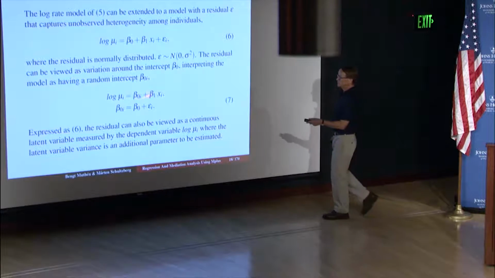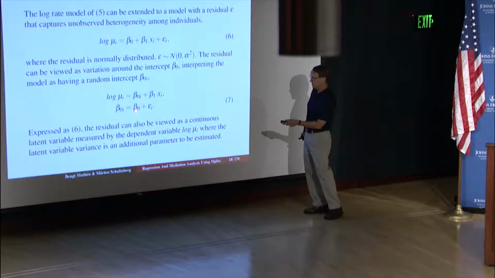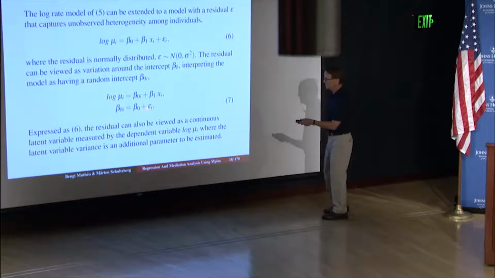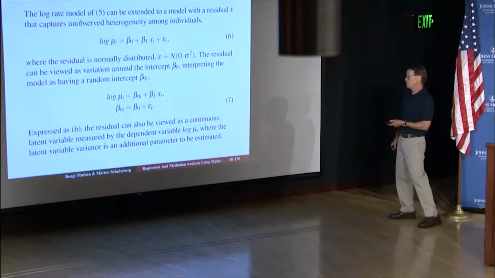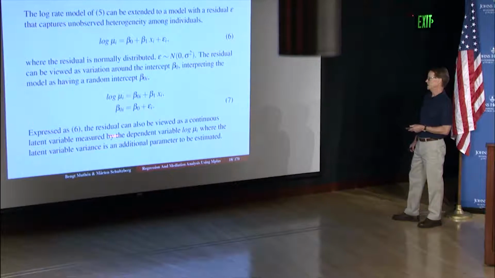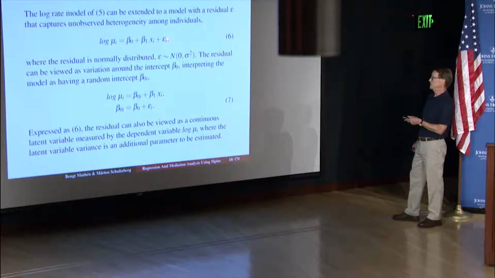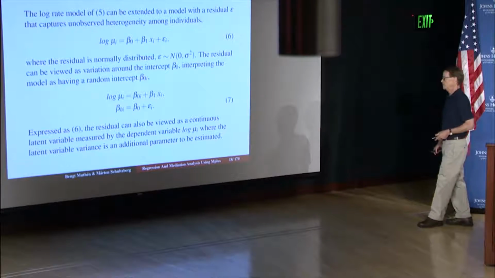And then you describe that variation. The mean of that is beta 0, but then you also have a residual, a random part to it. If you express it like this, the residual can be viewed as a continuous latent variable measured by the dependent variable log mu, where the variance is an additional parameter to be estimated.